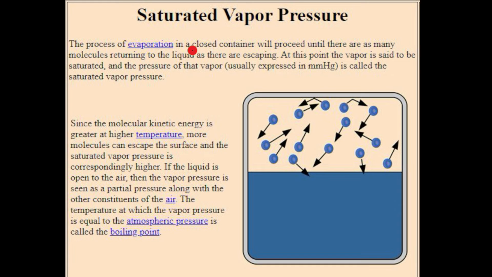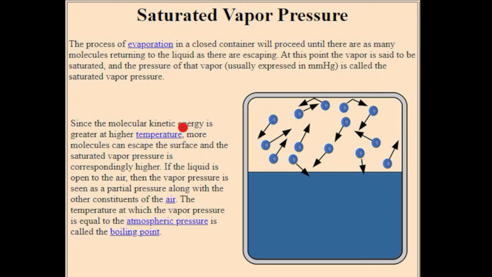So the process of evaporation in a closed container will proceed until there are as many molecules returning to the liquid as there are escaping. At this point, the vapor is said to be saturated, and the pressure of that vapor, usually expressed in millimeters of mercury, is called saturated vapor pressure.